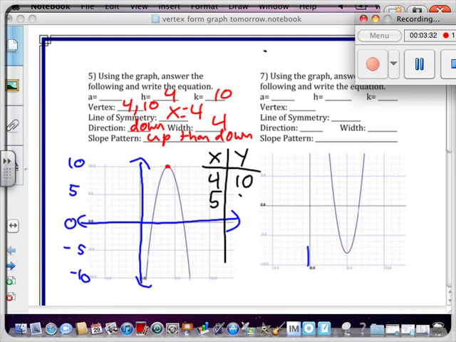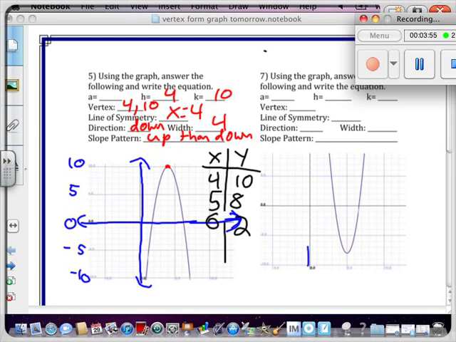And I've got a better graph up here, so I'm pretty sure. When it's 6, it's about 2. Okay, and you guys will be graphing a lot of these yourself, so you'll be able to see them.